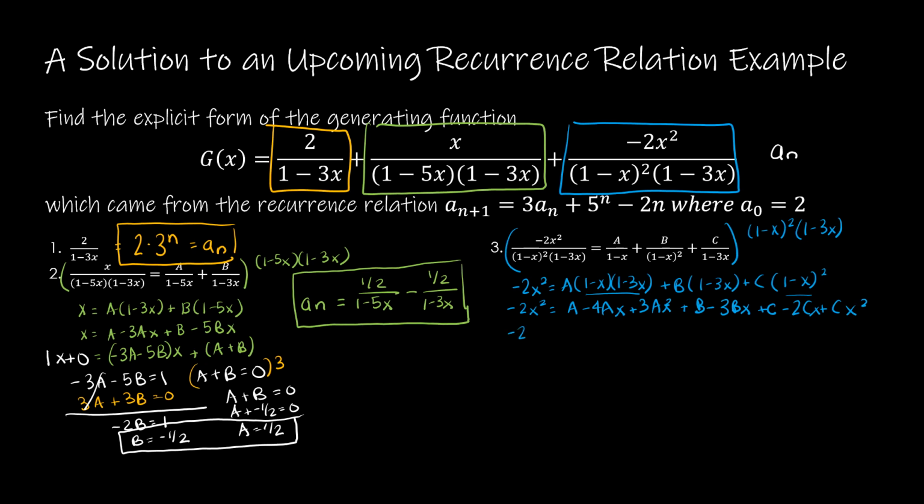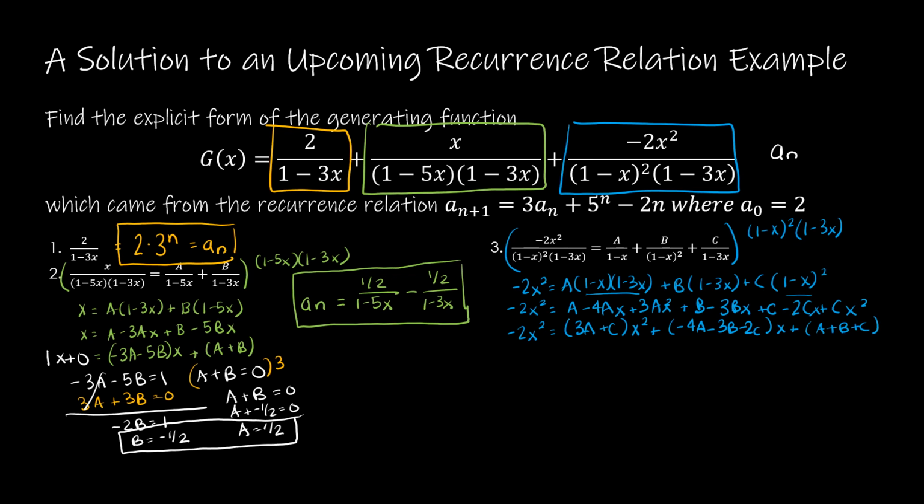And then again, I'm just going to combine like terms together. So combine all of the values with an x squared. And again, I'm showing less work than normal just for the sake of time and space. So 3a plus c quantity x squared plus negative 4a minus 3b minus 2c x, and then plus a plus b plus c.